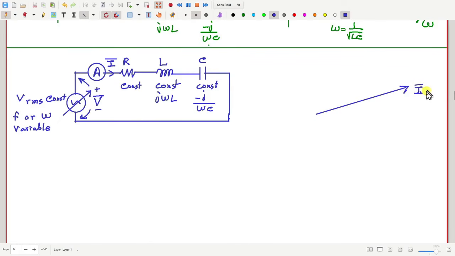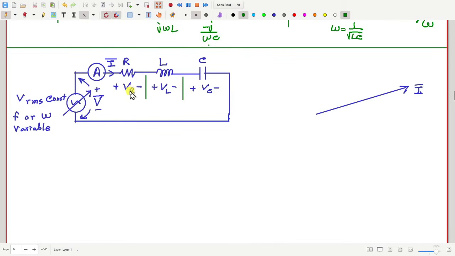Suppose this is the current I. Then suppose the voltage across the resistance is VR plus minus, then VL plus minus, and VC plus minus.